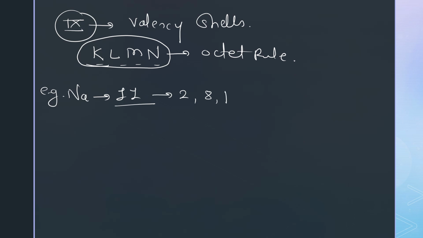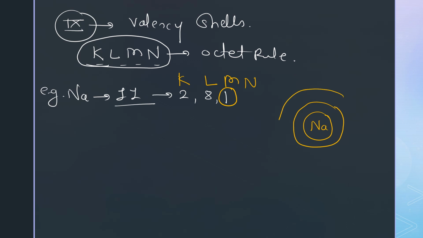By keeping these electrons in the shells K, L, M and N, if you draw Na with first orbit, second orbit and third orbit, then 1, 2, then 1 2 3 4 5 6 7 8, and the last one only 1. So in the last orbit you can see only one electron is there.